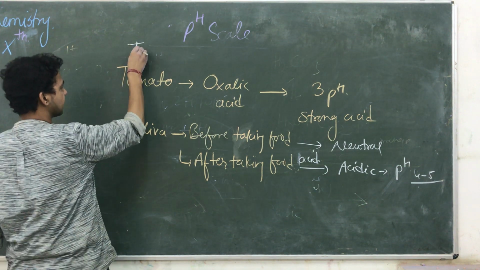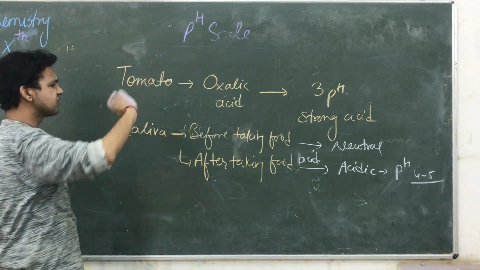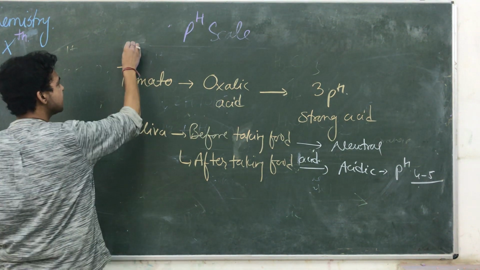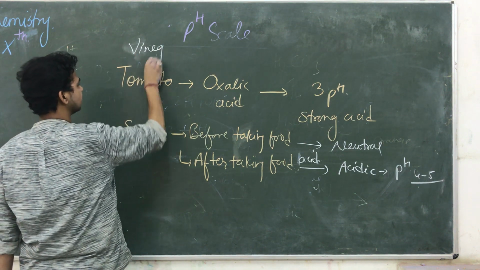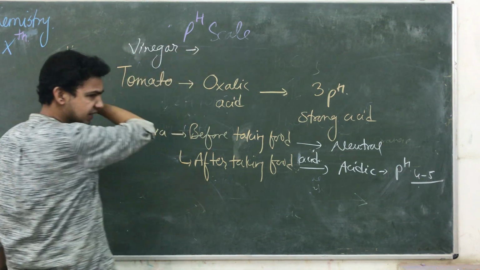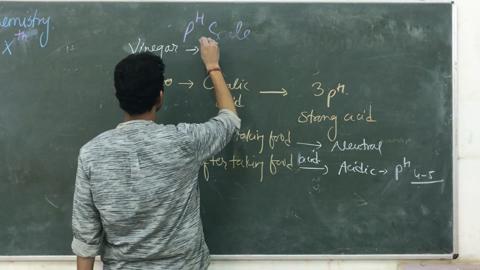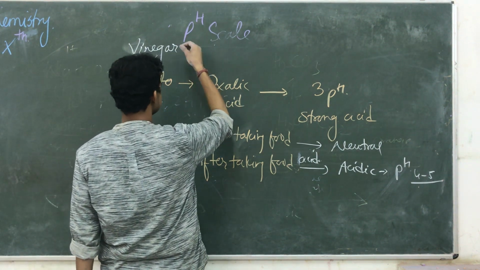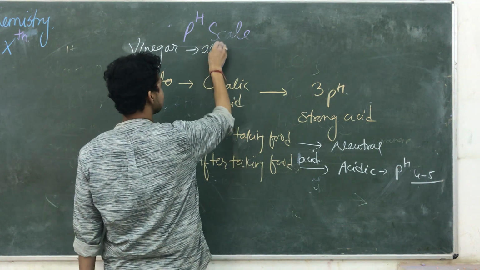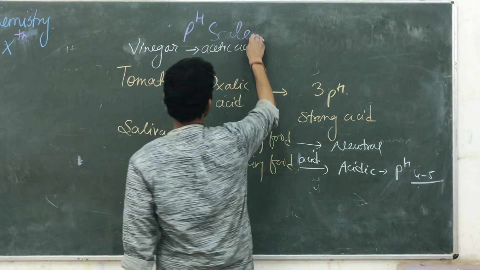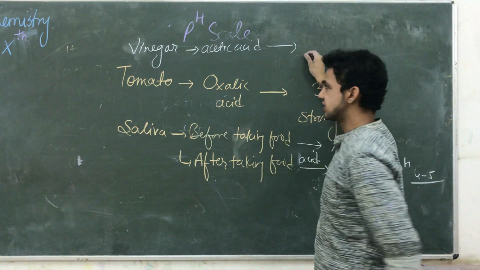Let's take another example: vinegar. You know, acetic acid is generally known as vinegar. It is generally known as a weak acid.